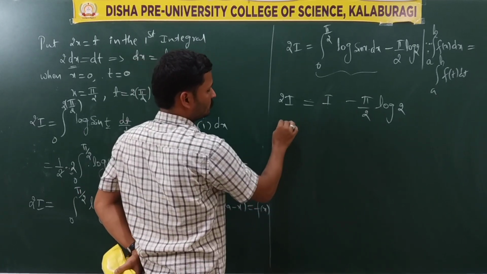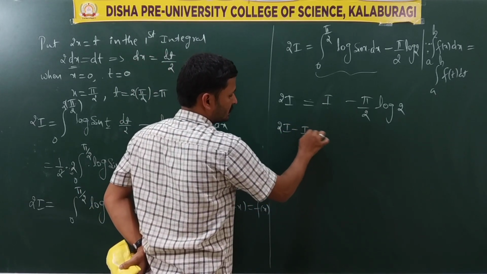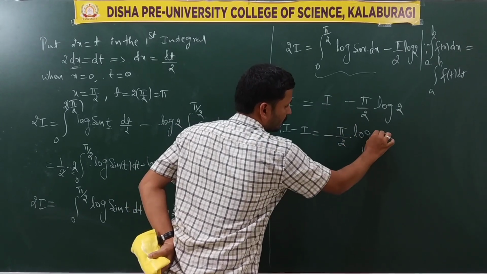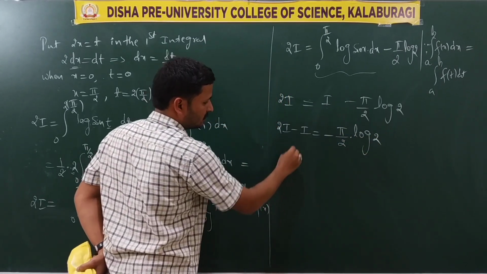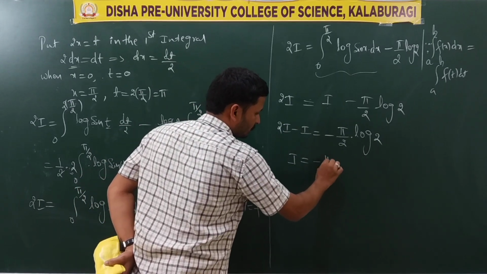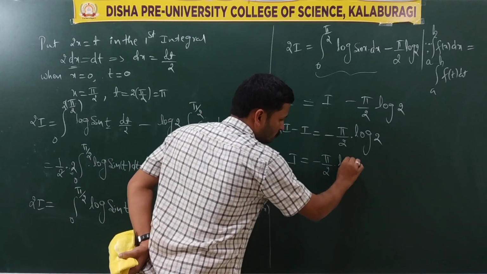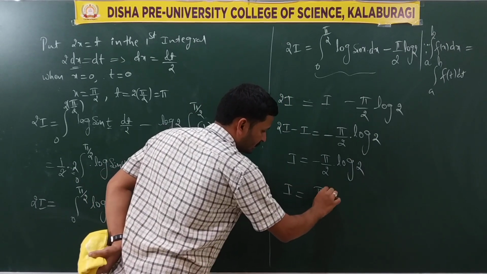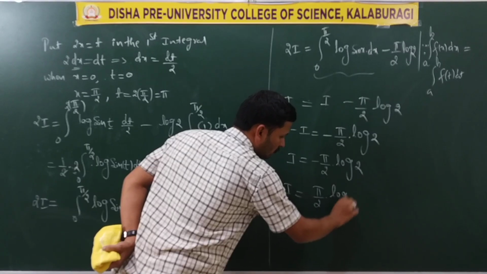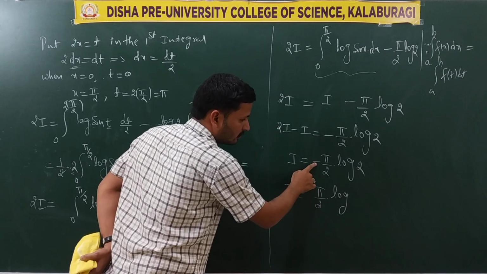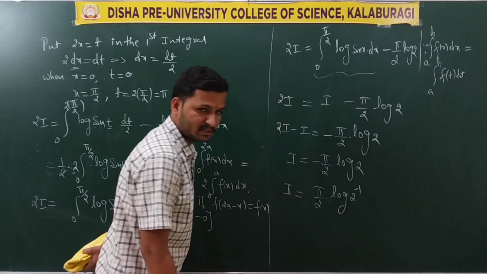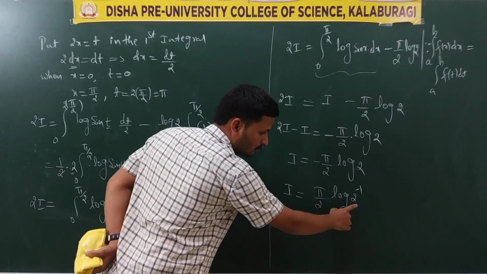So take this I to this side, and 2i minus I is equals to minus pi by 2 into log 2. So now I is equals to pi by 2 into log of this minus 1 into log 2 can be written as log of 2 to the power minus 1, because n into log n property use ಮಾಡಿದ್ರು.